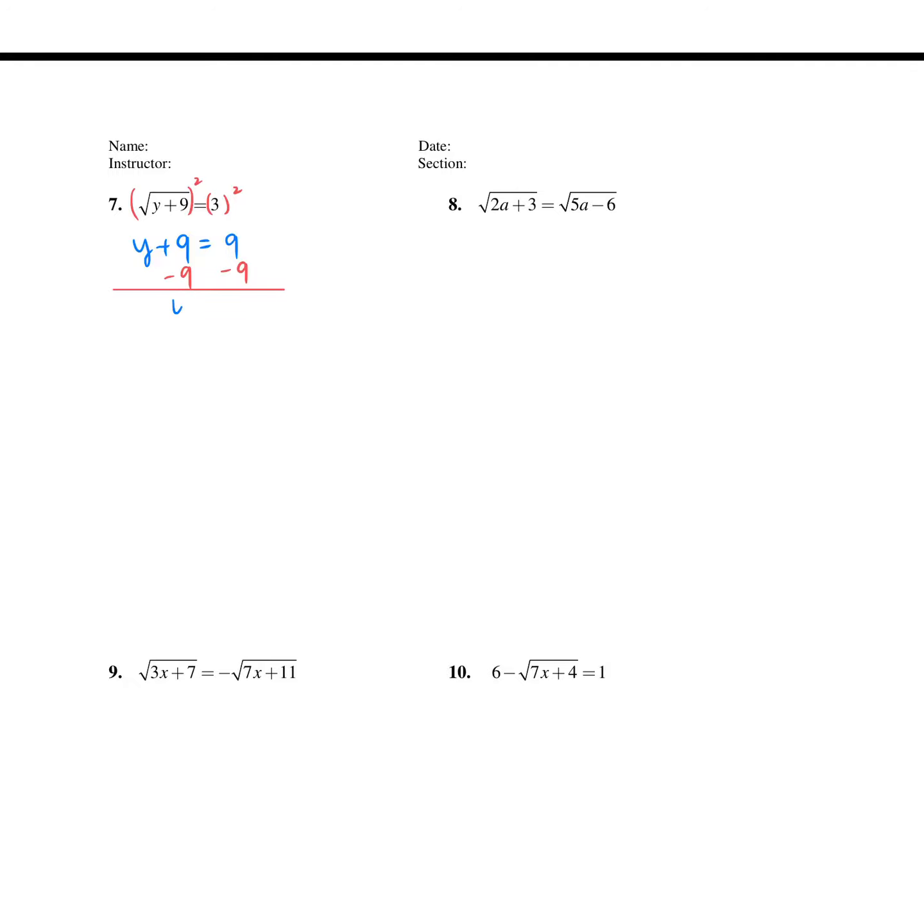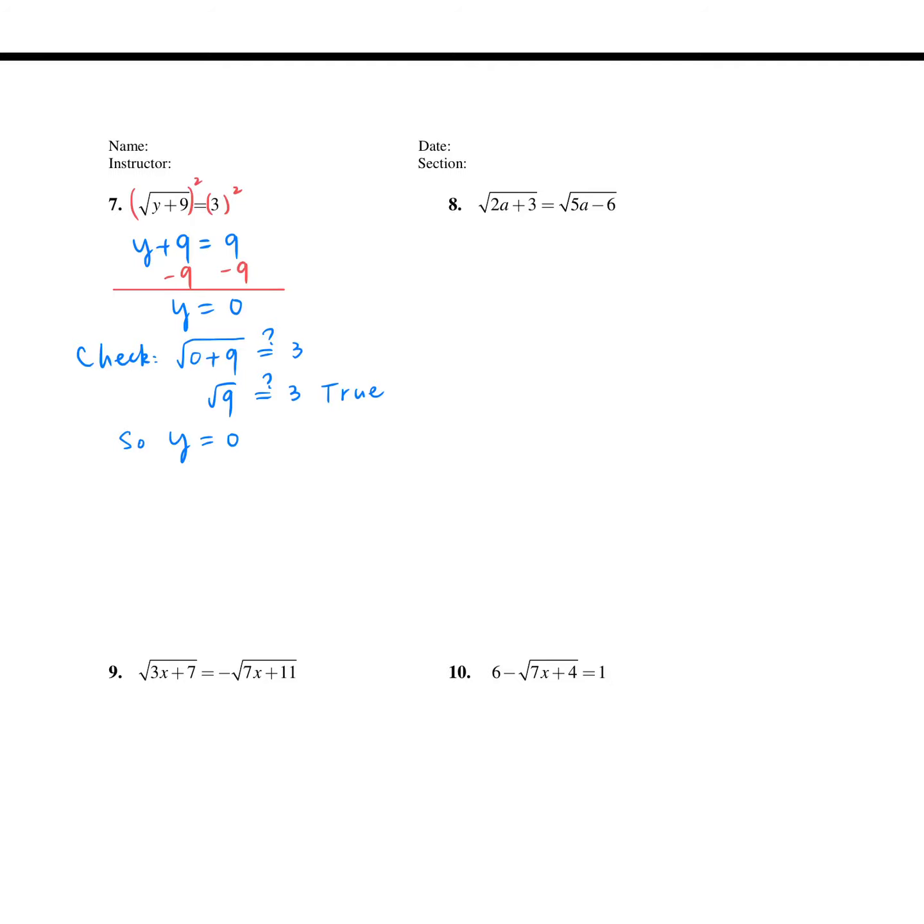We obtain y equals 0. Check our solution. Square root of 0 plus 9, is this the same as 3? That's square root of 9. Is square root of 9 3? Well, it is true. So we could conclude that our solution is y equals 0.